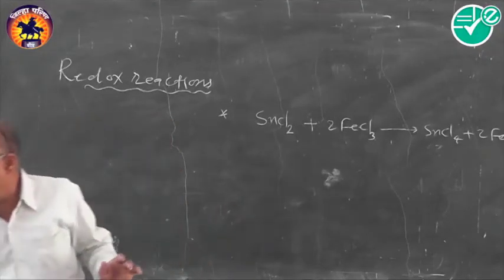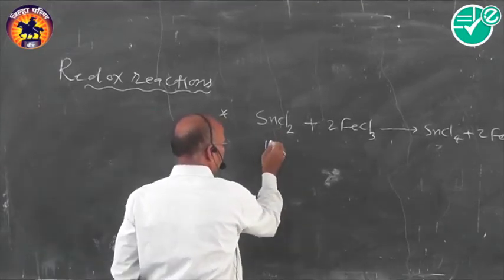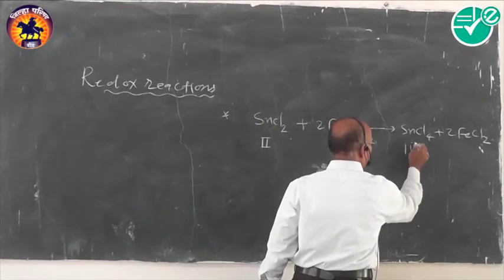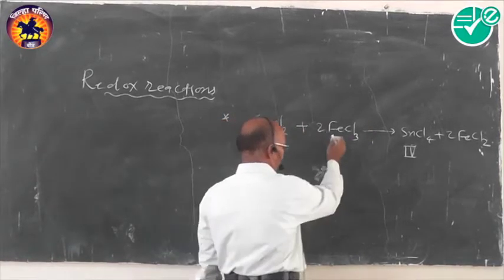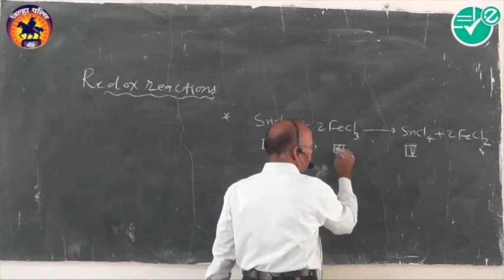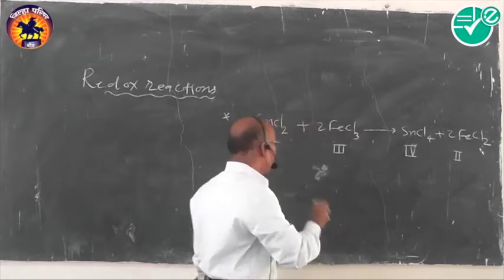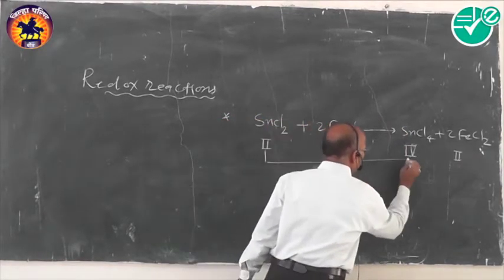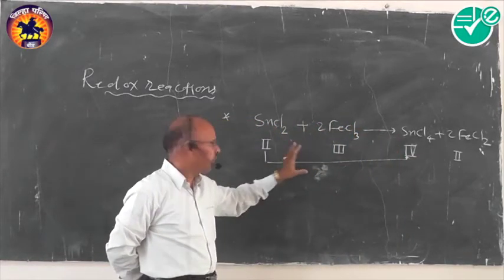Here, the oxidation state of stannous tin is 2, and it becomes 4, an increase in oxidation number. Along the same lines, iron's state is 3, and in this case it becomes 2. Now if we think about the first change, it shows the process of oxidation.